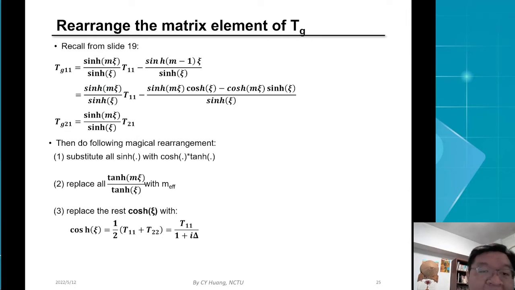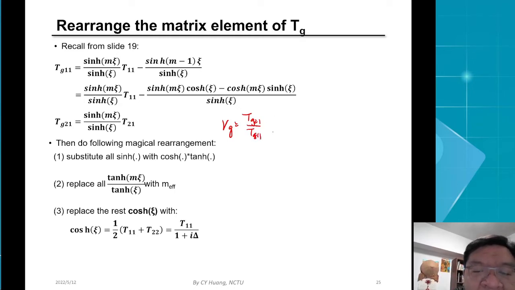Alright, so how do we obtain the reflectivity of a Bragg mirror with arbitrary wavelengths? The procedure is just the same. We'll just repeat trying to obtain the reflectivity RG with TG21 and TG11.